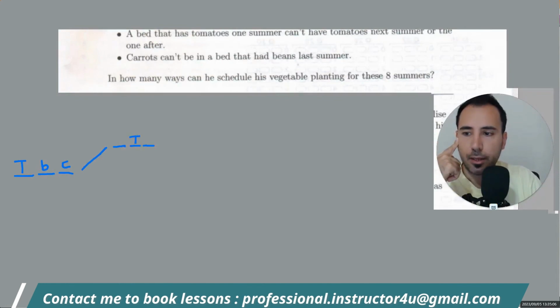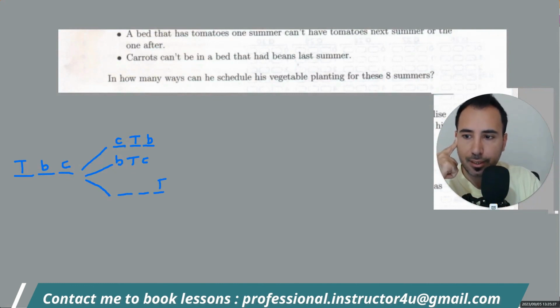And now we have B in the middle, so C can't be here, but it's already been taken by T. So then C could be either here or here. So actually we're going to have B, T, C as well. So we have 2 now, okay? So we're going to have one more here. Remember, T could have been in the last place too.